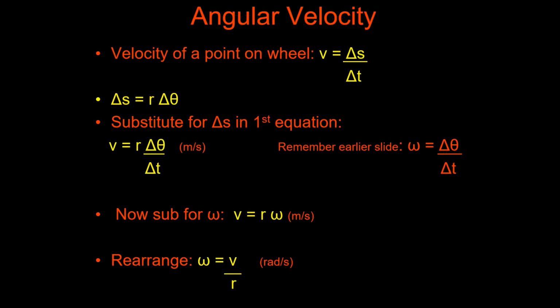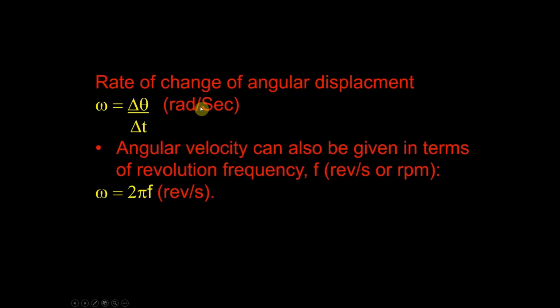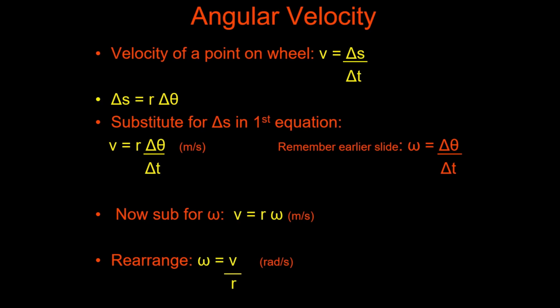If we look at the velocity of a point on the wheel, v is going to be delta s by delta t. Now s was equal to r times theta. So if we substitute in for s into our first equation, v is equal to r delta theta over delta t.